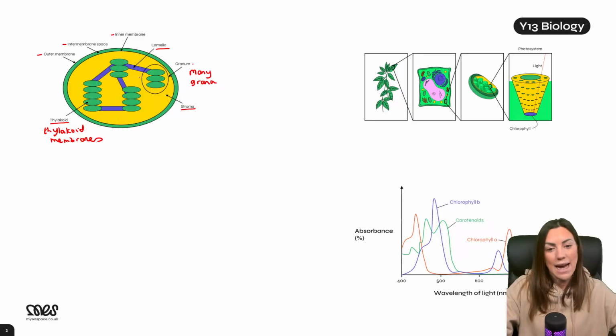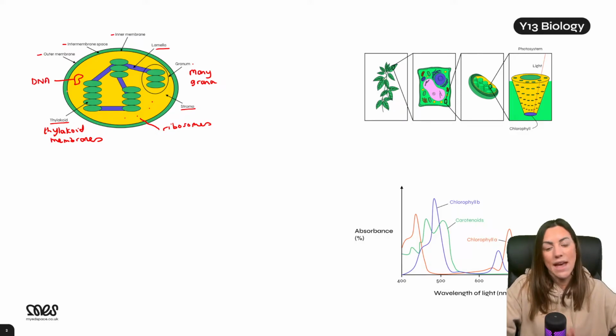Something else that we can add onto this diagram, remember that chloroplasts have their own ribosomes. They're the smaller ribosomes, the 70S ribosomes, which are the ones you find in prokaryotic cells. They also have their own DNA.